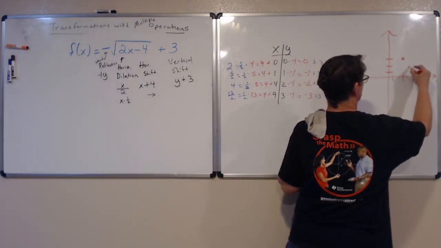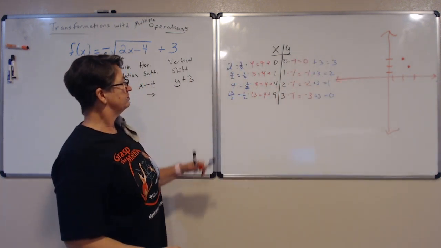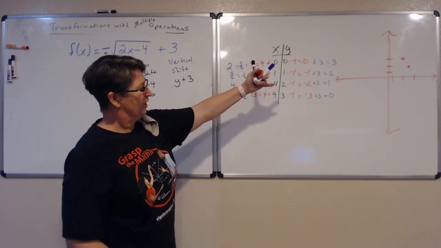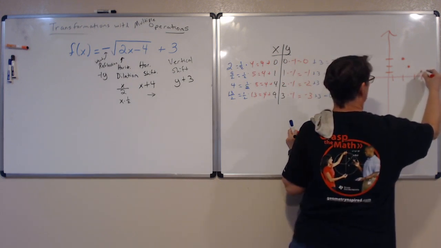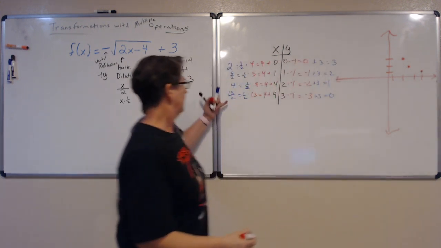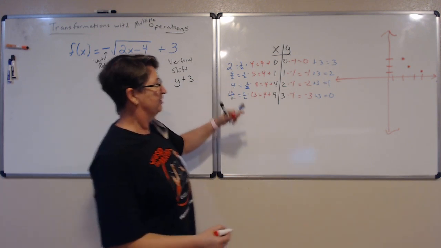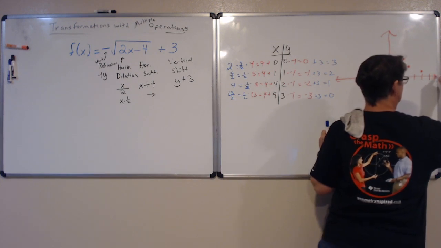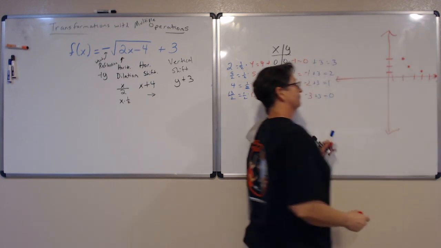Then 4, 1. And this is 6.5, 0. Uh-oh. I ran out of room.